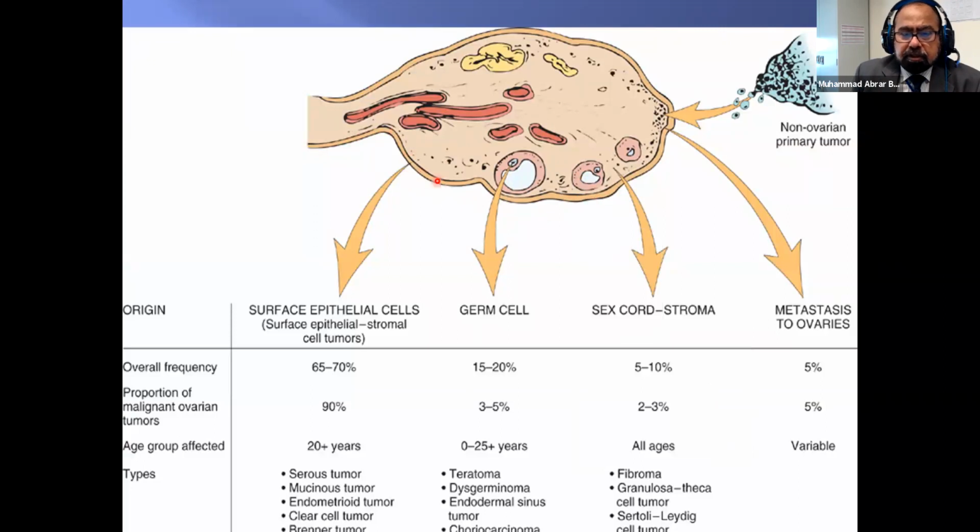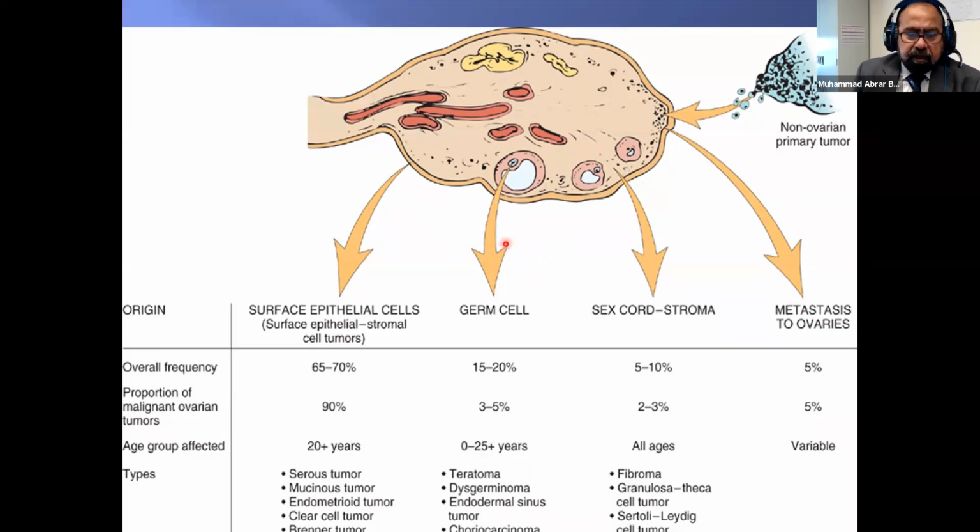One is this one, which is the surface epithelium. This is germ cells, and in between germ cells, this is sex cord stroma. And then we have some metastatic tumors which come from other sites, either hematogenous or lymphatic. They come and lodge inside the ovary. So these are the four main areas from where the tumor can develop, or come from elsewhere.